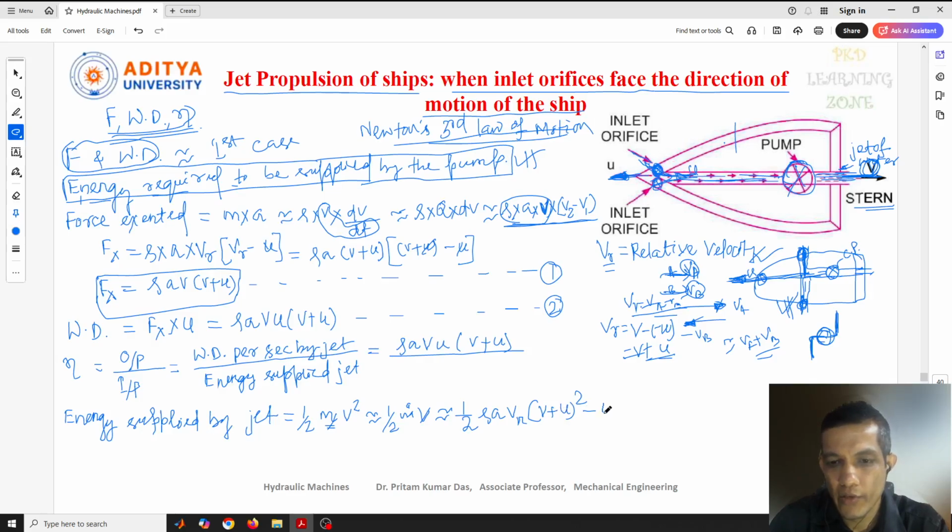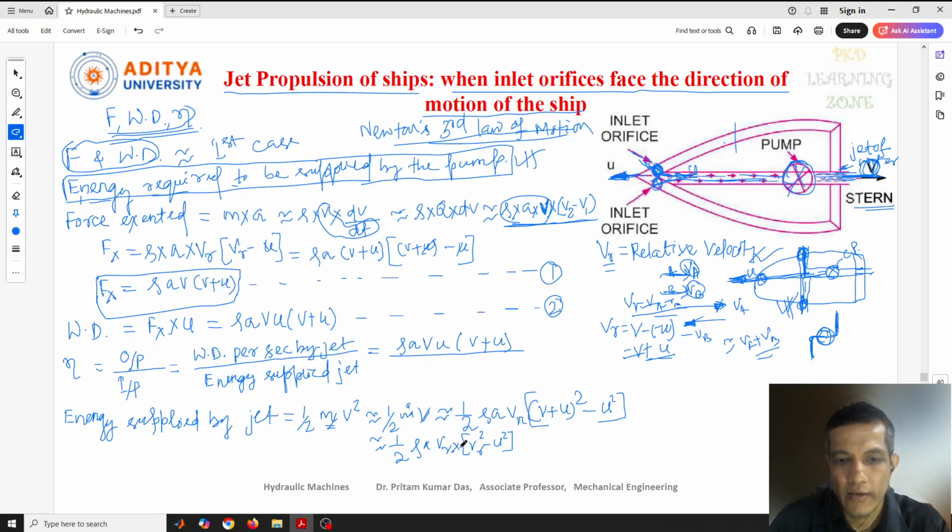But what about this u? I'll write this again so that you can understand more. This is half rho a vr into vr square minus u square. This is our half m v square, the energy supplied by the jet or by the pump.